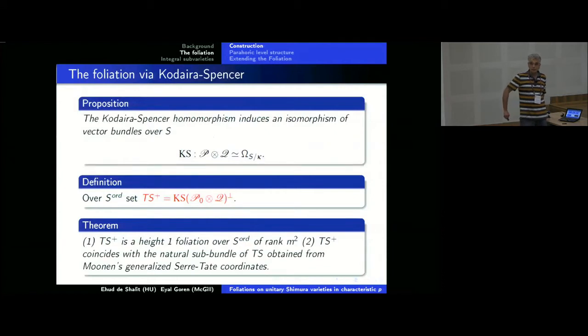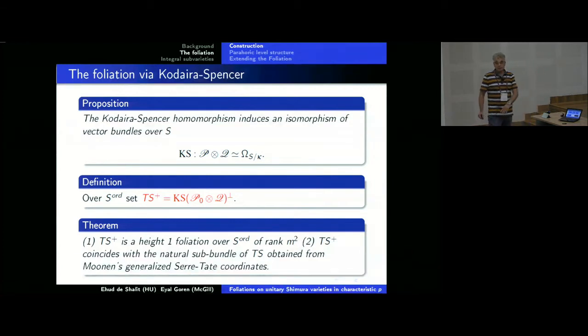And now we have to recall a certain relation that exists between P and Q and the cotangent space of the base. This is the same relation that, in the usual case of modular curves, gives you the relation between modular forms of weight 2 and differentials on the base.